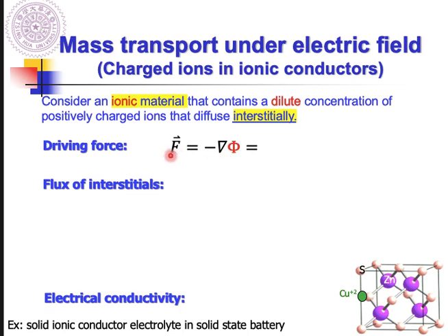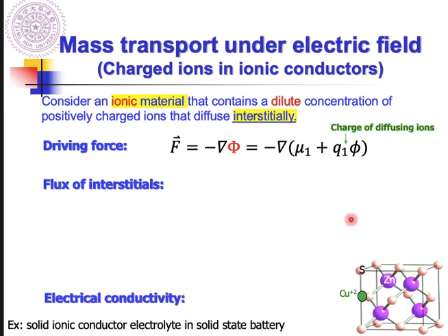So in order to know the driving force here, what's the potential of these positive charge ions? Here the potential is the chemical potential of this charged ion. And because we apply the electrical field, this copper ion is going to move inside this electrical field. So you have an extra electrical potential term.